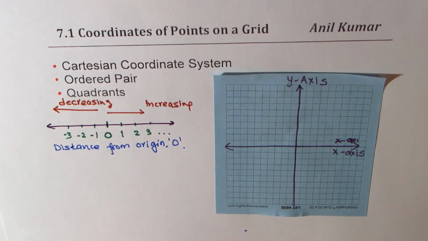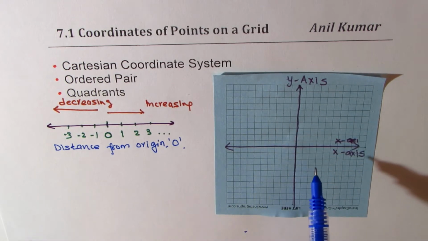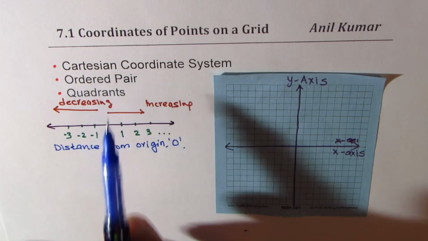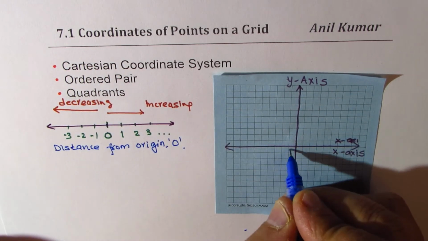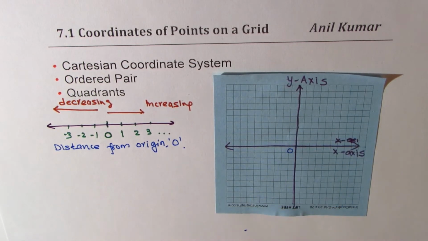Okay. So any point which is described on this system is known as an ordered pair. So an ordered pair is a point which gives you how far away it is from the origin, which is the intersection of both the axes.